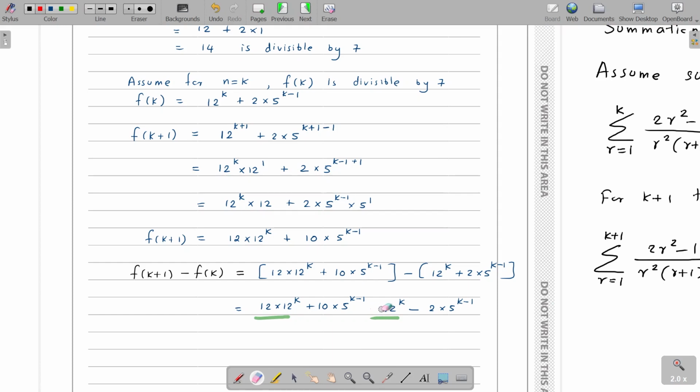So you can subtract: this is like 12x minus 1x, because they are the same term. 12x minus 1x is 11x. Are you with me? So this is 11 times 12 to the power k. And 5 to the power k-1: here I have 10 of them, here I have 2 of them. So then I get 8 times 5 to the power k-1. Are you with me?